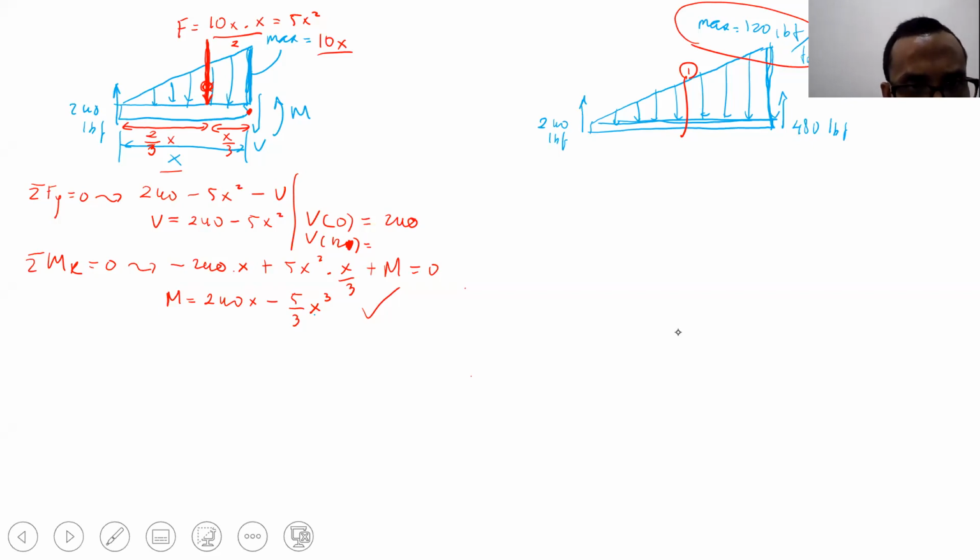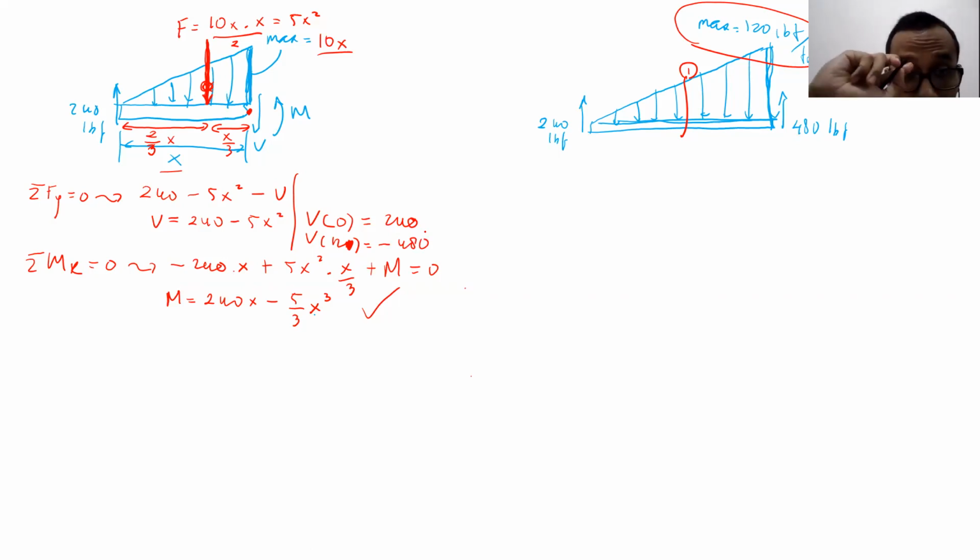You sure? Oh, yeah, 44 times 5. How come? 12 multiplied by 12 is what? 144. 144 multiplied by 5. Oh, yes, 720. 240 minus 720. So what is the value? Minus 480.